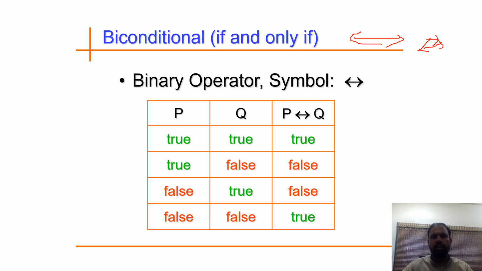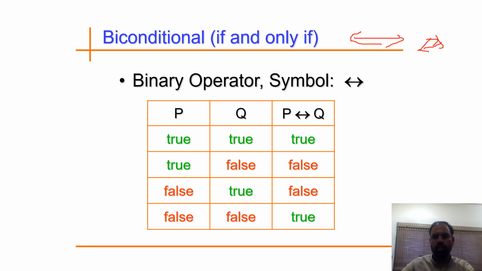If one is true and the other is false, then the biconditional is false. If P is false and Q is true, the biconditional gives false. If both are false, the biconditional results in true.